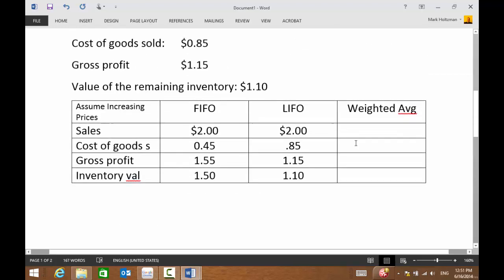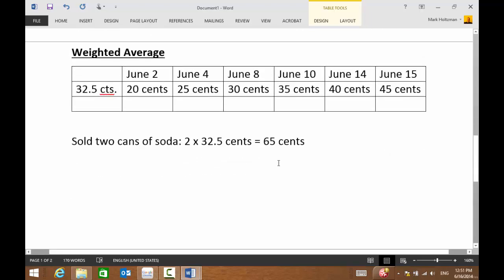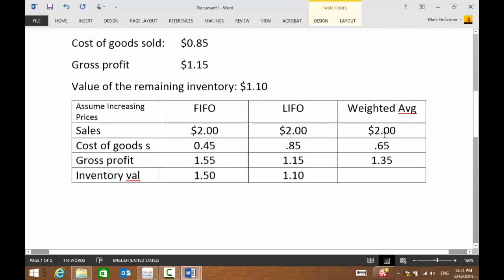So then your income statement would be, you sold 2 at $2, and they cost 65 cents. That would give you gross profit of $1.35, and an inventory value. Well, 32.5 times 4 cans of soda would be $1.30. So weighted average really just kind of uses both methods. It kind of straddles the two.